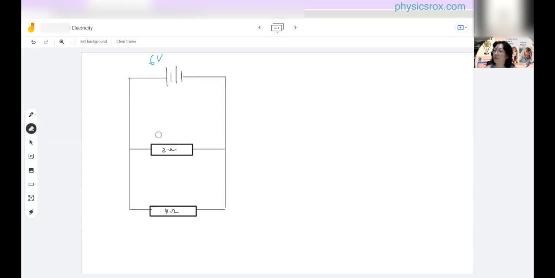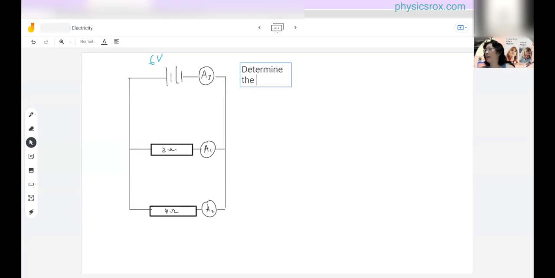And then the question could be something like this: they ask us to find out, let's say this is A1, this is A2, this is A3. For example, determine the ammeter readings of A1, A2, and A3.